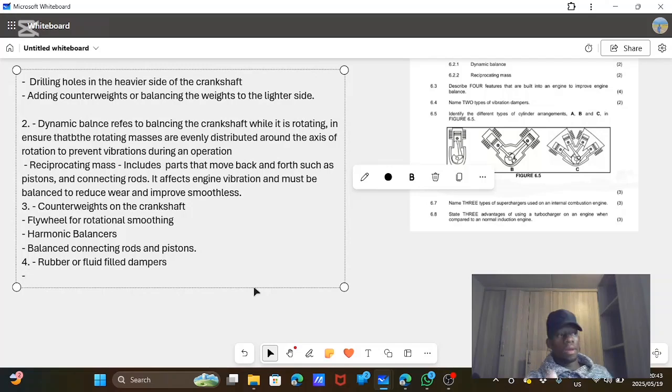And we have the torsional vibration damper.